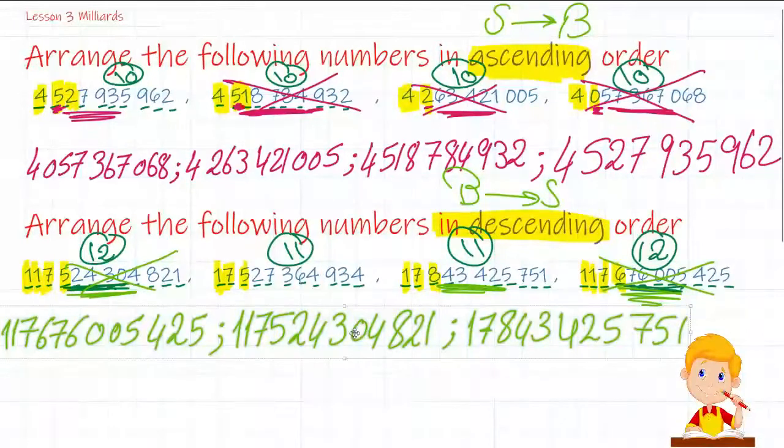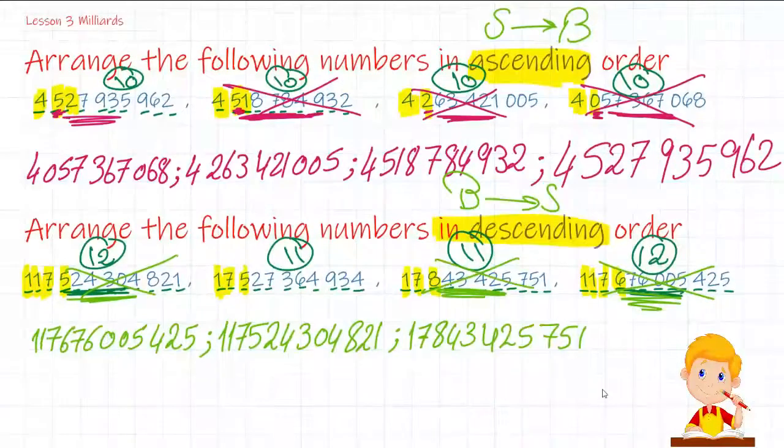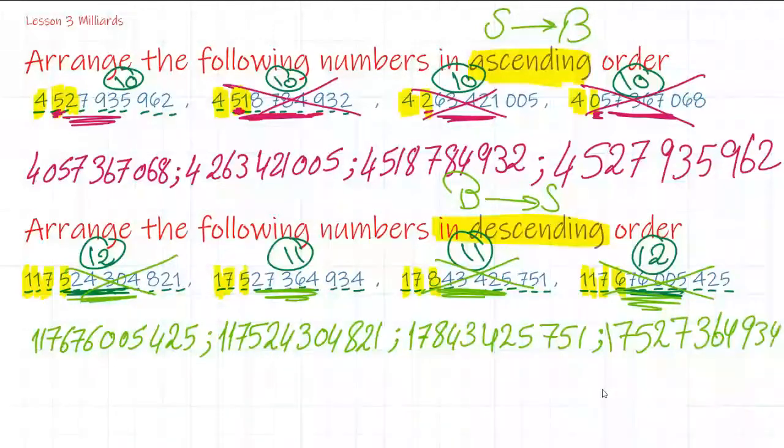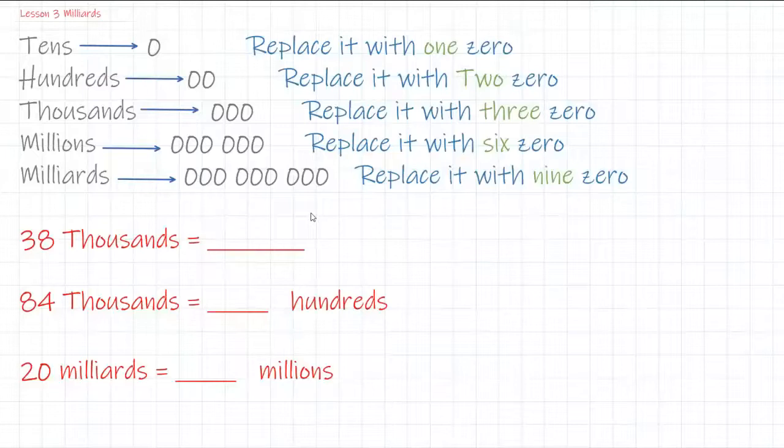Okay, let's make a space here. And the last number here is this number. 17,527,364,934.